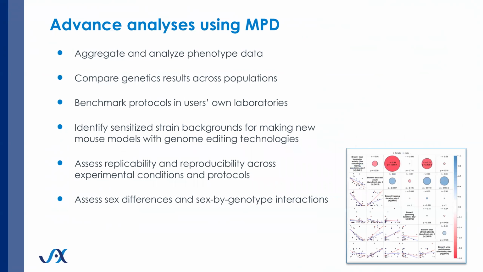On a more advanced level, it allows you to aggregate and analyze phenotype data, compare genetics results across populations, benchmark protocols in users' own laboratories, identify sensitized strain backgrounds for making new mouse models with genome editing technologies, assess replicability and reproducibility across experimental conditions and protocols, and assess sex differences and sex by genotype interactions.